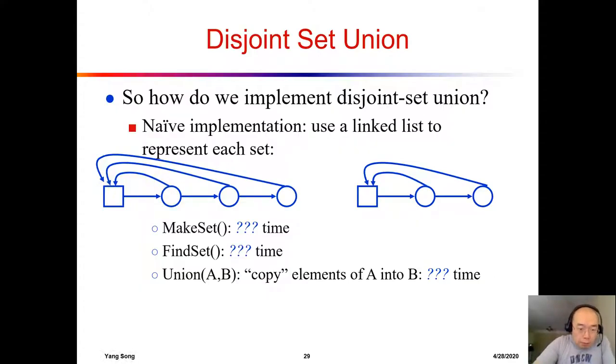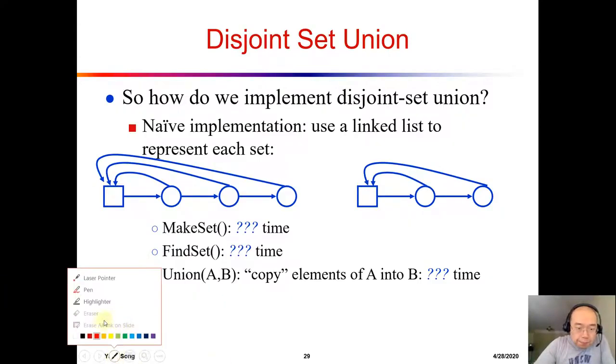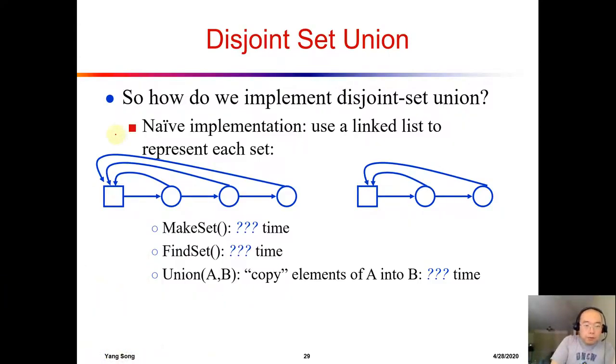Let me bring up my pen. So we know that this is a head. Say node A, node B, and node X are in the same set. When we try to do a find set, we use the back reference to the head, and in the head we can have a unique identifier.